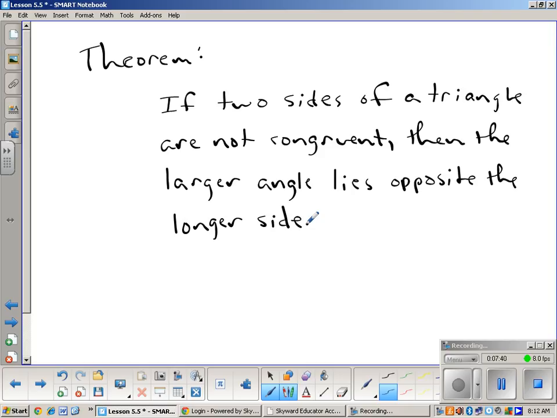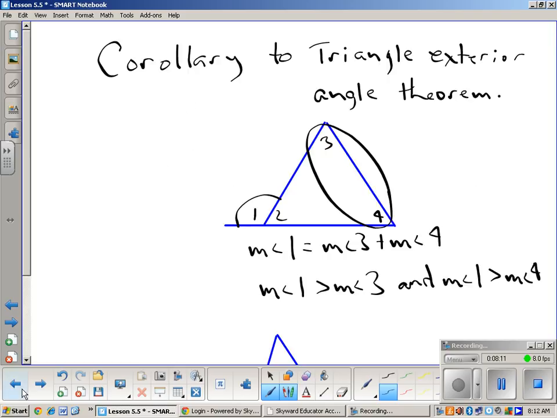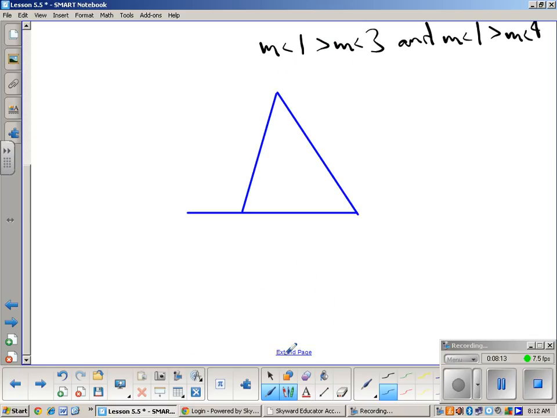Okay, let's go back now. So in this picture, let's say this side here is 20, this side is 17, and this side is 9.